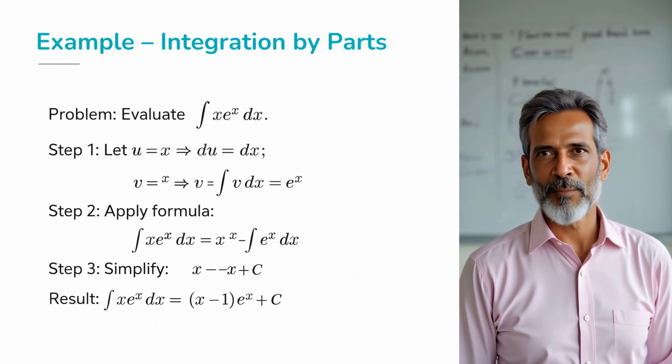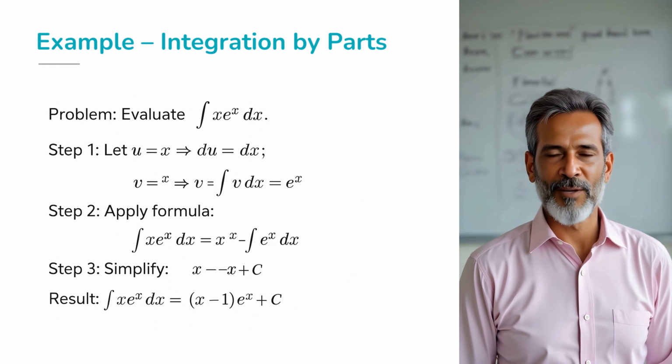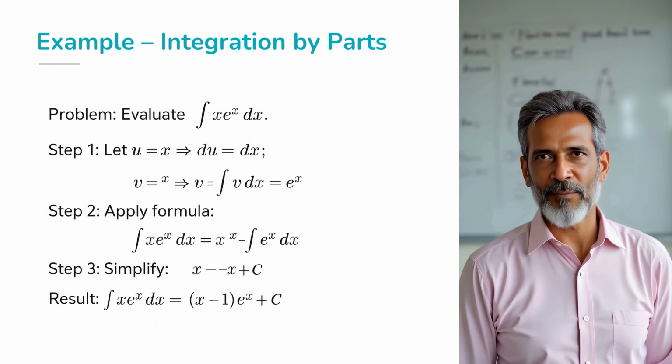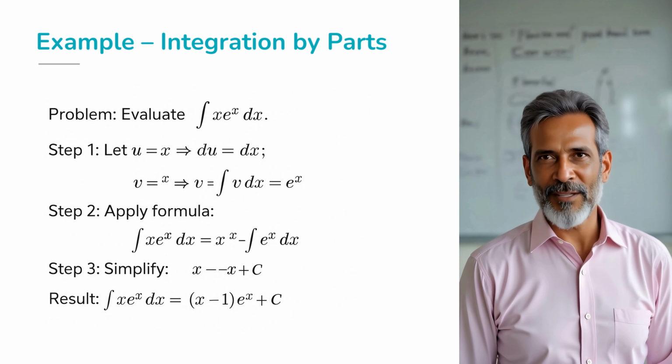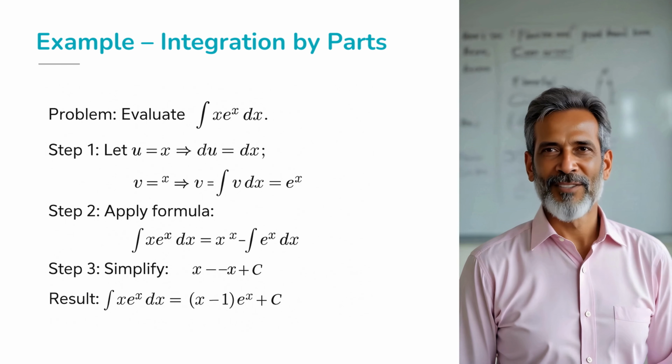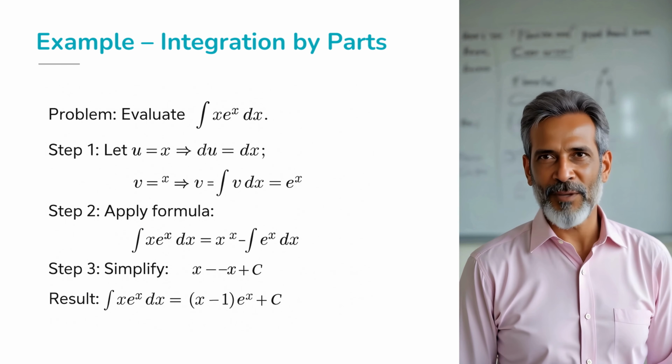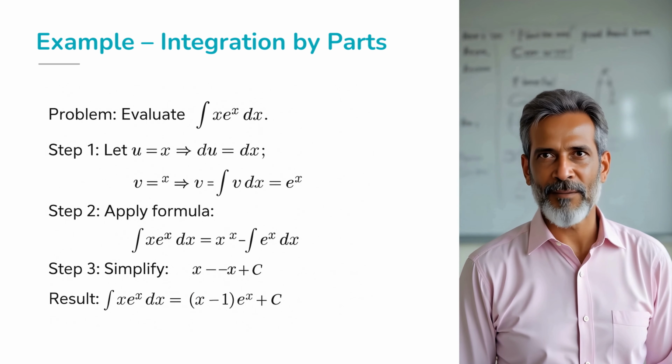Integral of x e to the power x dx equals u times the integral of v dx minus the integral of du multiplied by the integral of v dx. That means x multiplied by e to the power x minus the integral of e to the power x dx. Step 3. Simplify. That becomes x e to the power x minus e to the power x plus c.